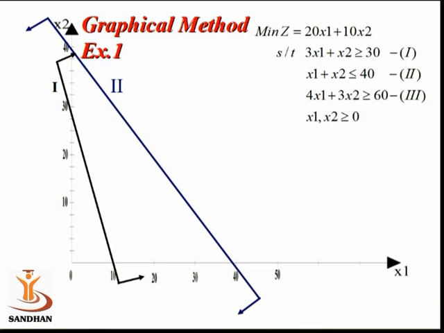Again on the same lines I will draw it, and the third equation is defined like this. Now friends, you can observe the arrows of all the 3 lines. The region above line 1 is defined by the first equation, the region below line 2 is defined by the second equation, and the region above line 3 is defined by the third equation.